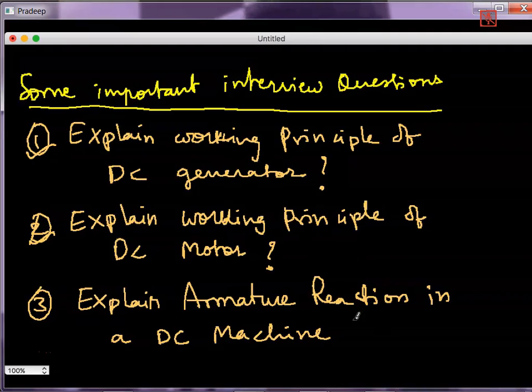Finally, explain armature reaction, because without knowing these two, you cannot understand armature reaction. So that's why before I start, I'm just asking you whether you know one and two. Just take 2 minutes time. Just think about yourself. Try to discuss with your friends in your class. Do you know the working principle of DC motor, how it works? So I'll give you some time to think about it.